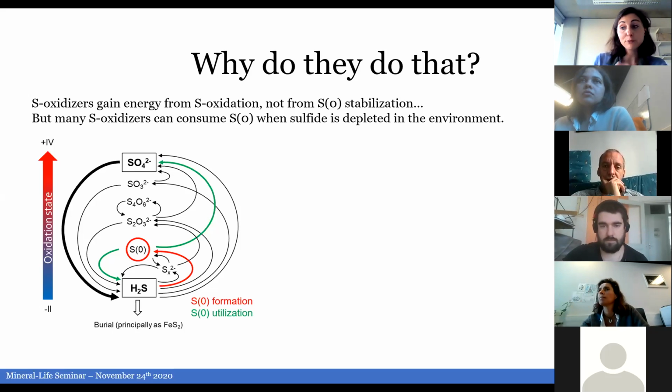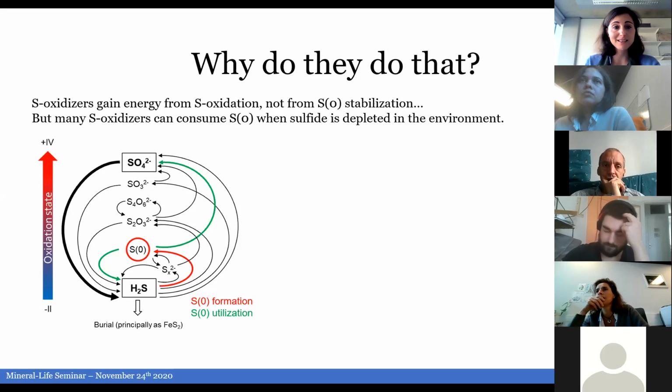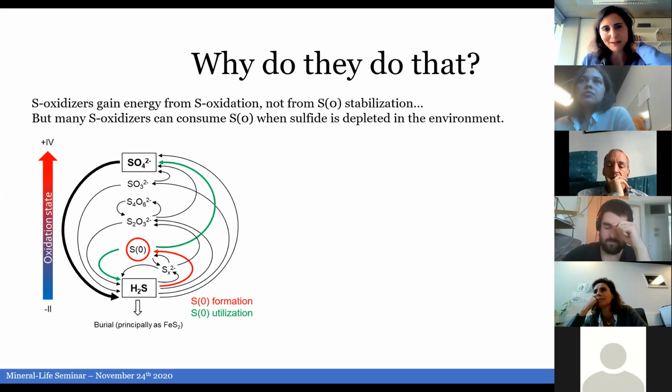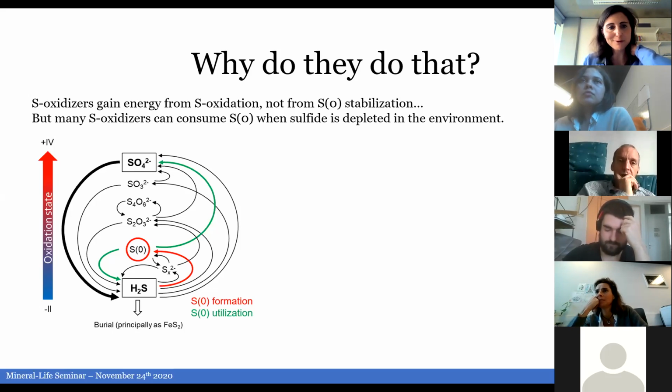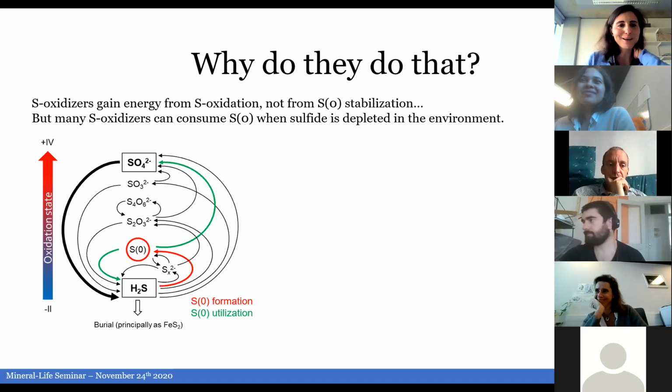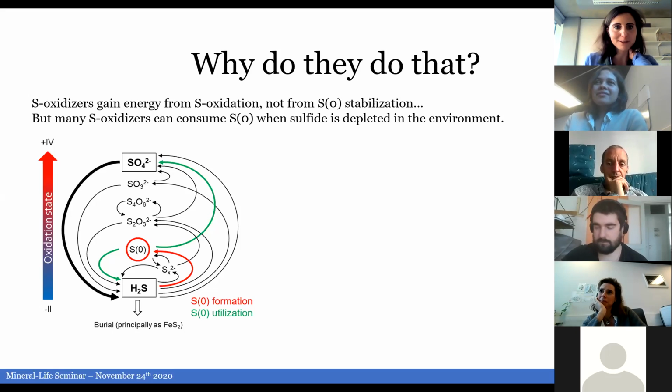Yeah, so that would be very good, to find conditions under which they oxidize sulfide but don't form elemental sulfur, because that would give us access to some part of the mechanism. But unfortunately, they always form elemental sulfur, at least under the conditions we tried.